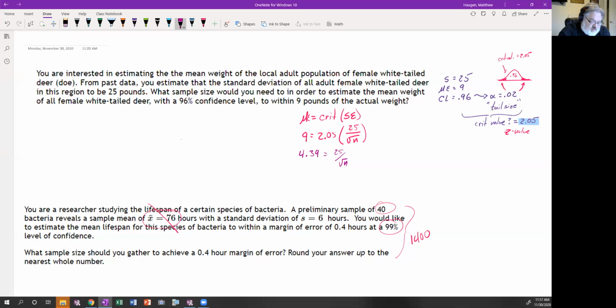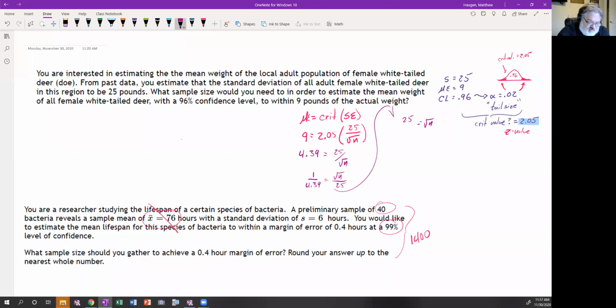So then at any point you'll want to flip these. 1 over 4.39 equals the square root of n over 25. So multiply over that 25. So the square root of n is 25 over 4.39.